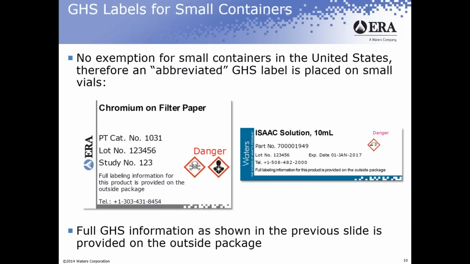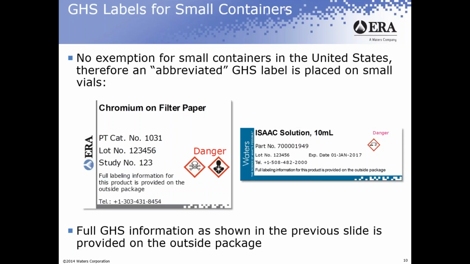So particularly for small containers, much like some of the products that come from ERA, some countries have exemptions for small containers where there is very limited information on there. For those customers that are in the United States, there is no exemption in the United States.